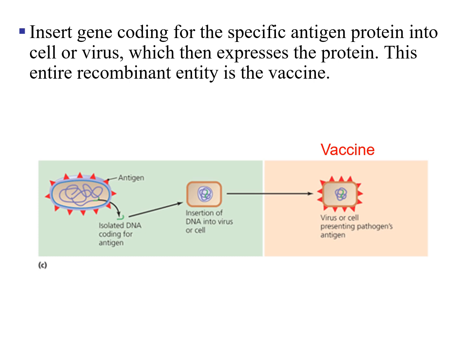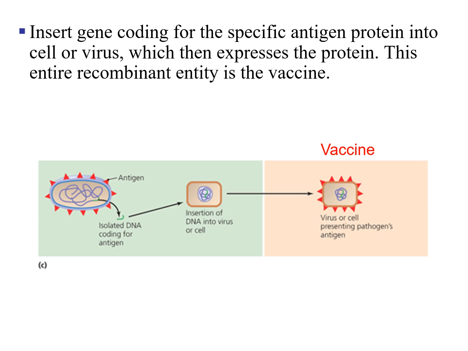Here's a different type. Insert the gene coding for the specific antigen into a cell. Now the cell is going to express the protein, but notice this is a little different. In the other one, the cell released the protein, and we used the protein that was produced as the vaccine. This one, the cell expresses the protein on its cell surface.